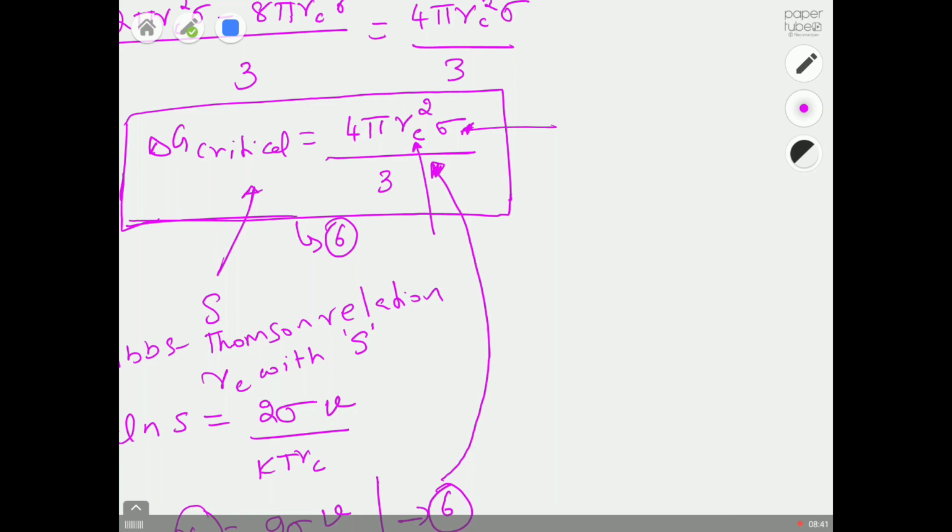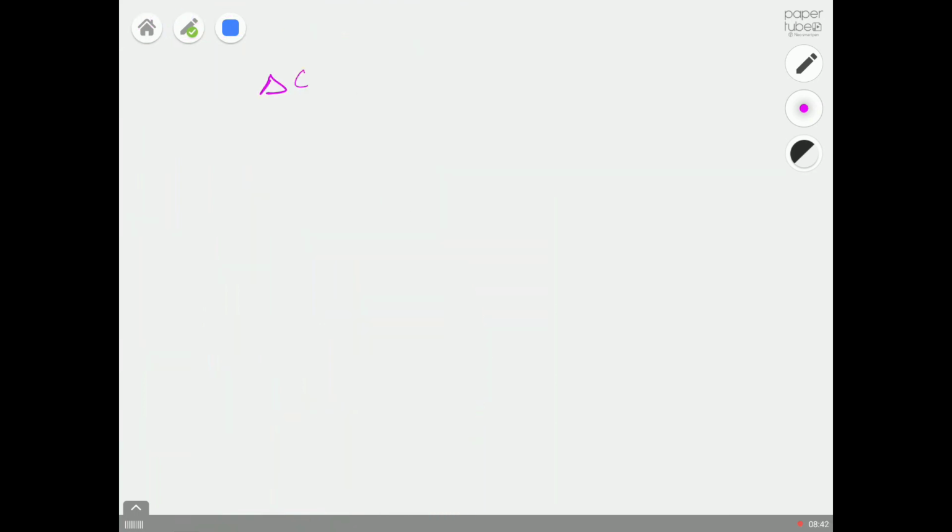From that we can get delta G critical. So delta G critical will be equal to 4 by 3 pi, RC value is 2 sigma V by KT ln of S, the whole squared, multiplied by sigma. So that will be your delta G critical value.